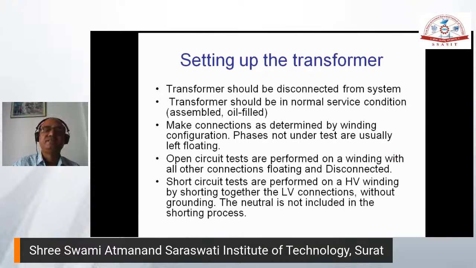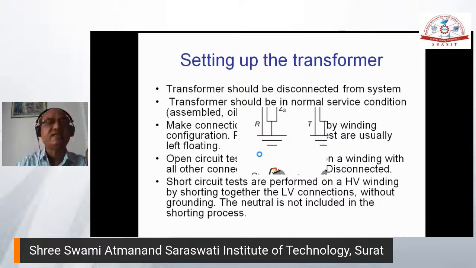Phases not under test are usually left floating, and this can be done in two ways: floating or short circuited. In the open circuit test, the winding is tested with the other terminals floating and disconnected. In the short circuit tests, the HV winding terminals are shorted together, with the LV connections, without grounding. The neutral is not included in the shorting. So both ways can be done, open and short connection.